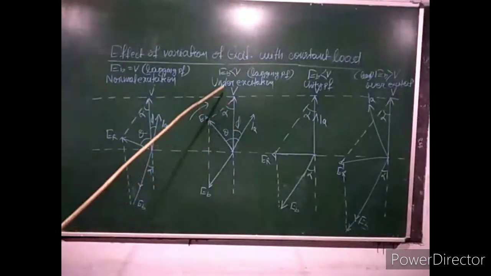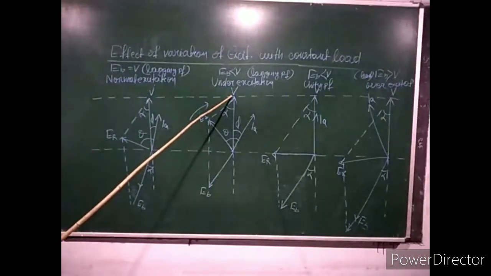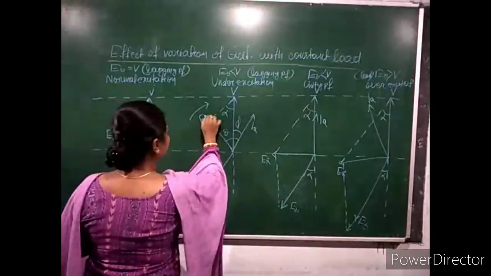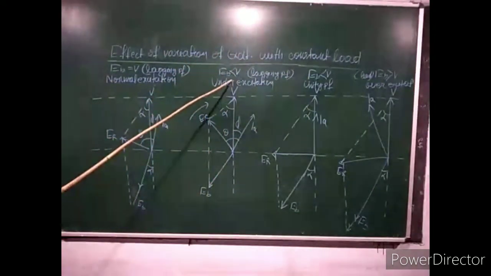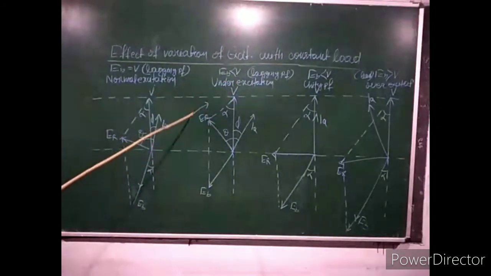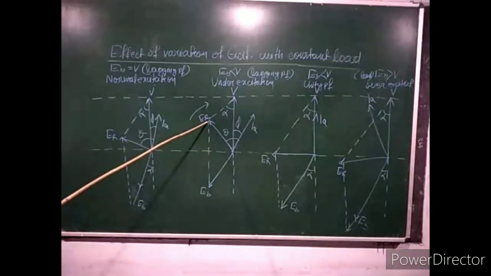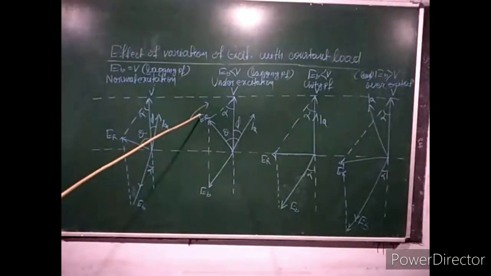Since EB is less than the applied voltage, the net resultant voltage, sorry, here I have written EV, but it is actually ER, the resultant voltage. As EB is less than V, the net resultant voltage ER decreases and turns clockwise. I also show the direction clockwise.